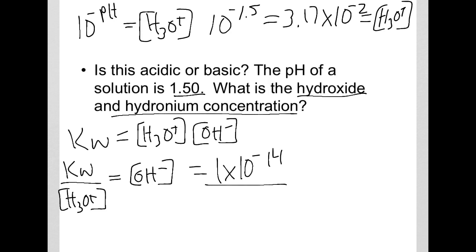One reason I'm not going to be too stressed out on sig figs is that the product of water really only has one sig fig, or often it only shows one sig fig. So for this we get 3.16 times 10 to the negative 13th for the hydroxide.